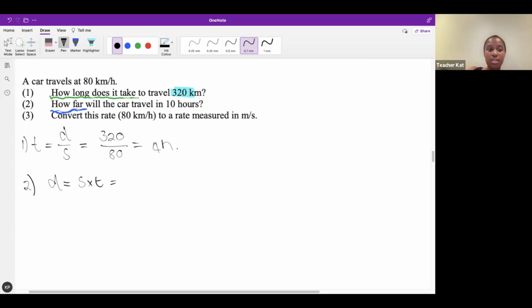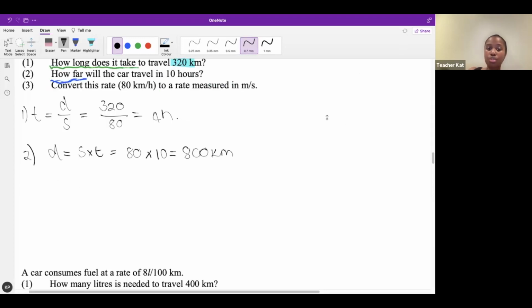Our speed, as we know, is 80 times 10 hours. So what is the distance? 800 kilometers. Not per hour, just kilometers. Remember, kilometers per hour is the unit for speed.